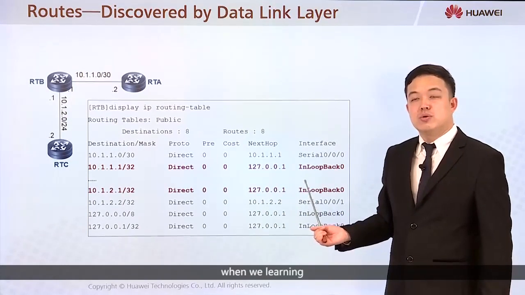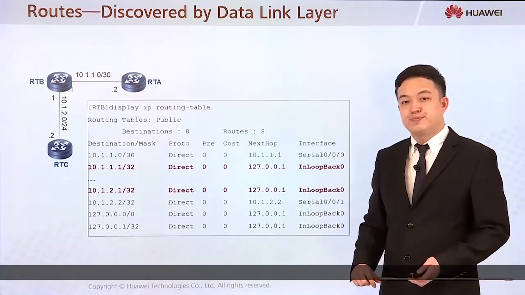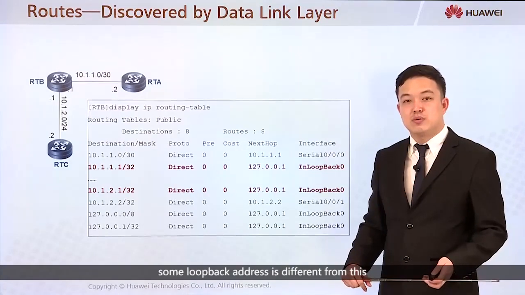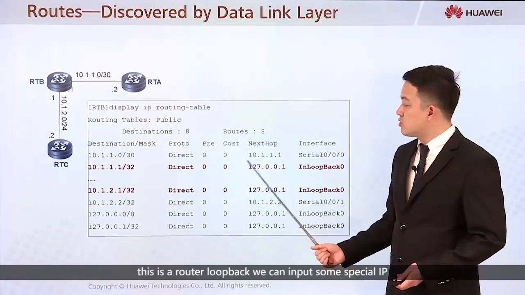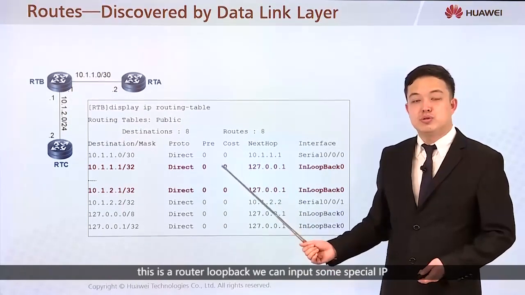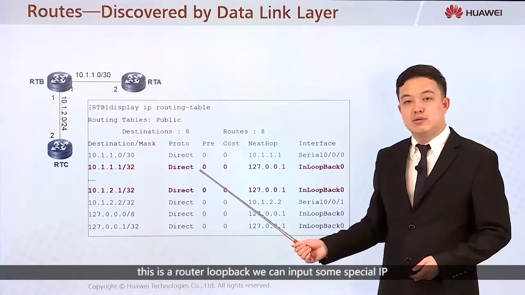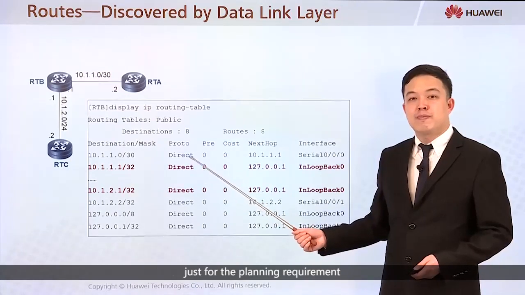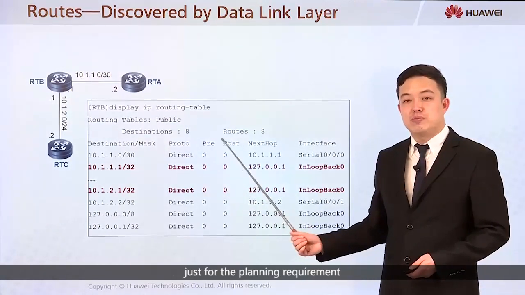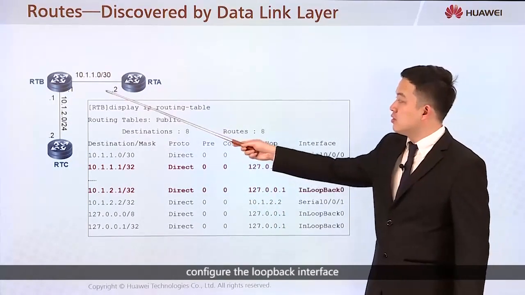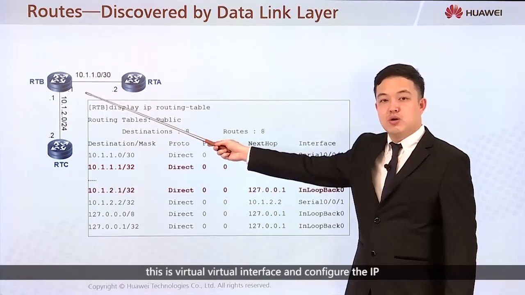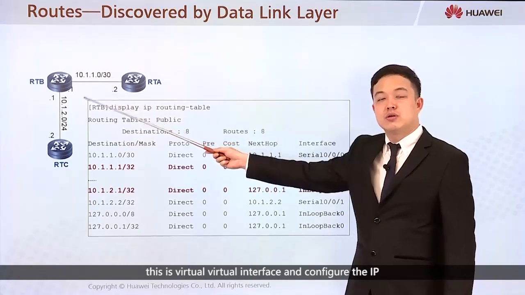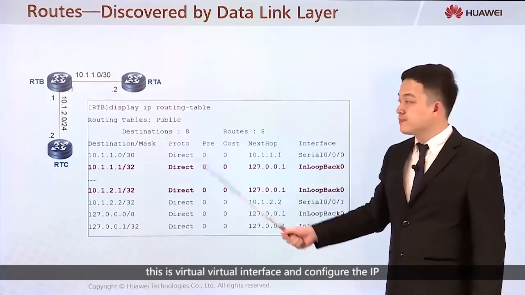Loopback address is different from the others. This is a router loopback. We can configure a special IP just for planning requirements. We configure the loopback interface, which is a virtual interface, and configure the IP on it.